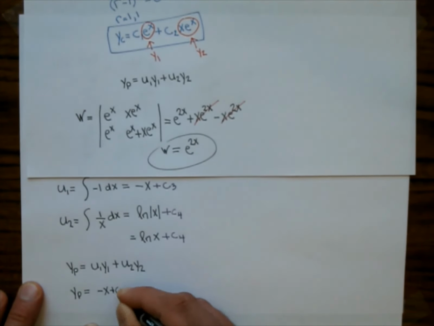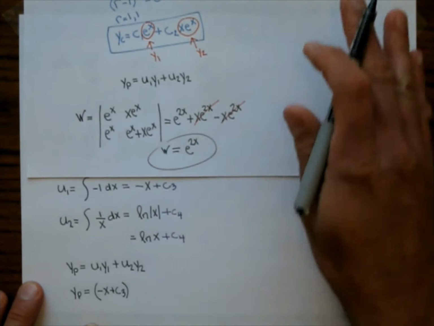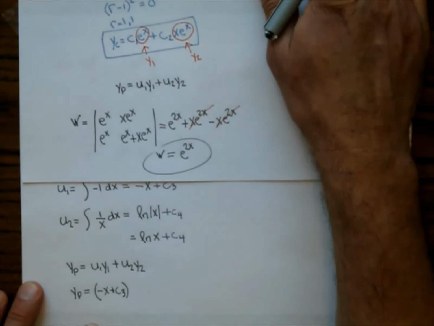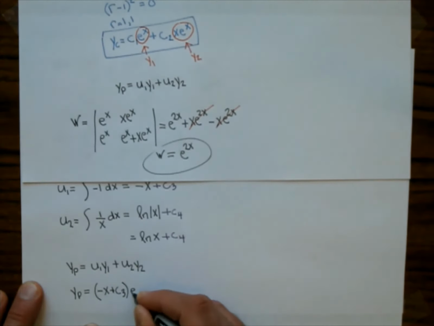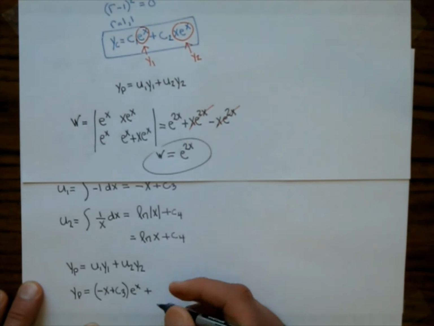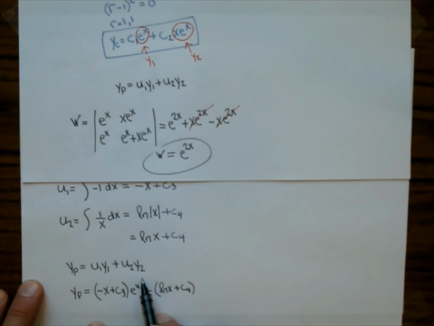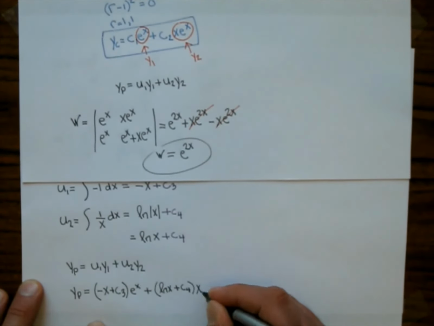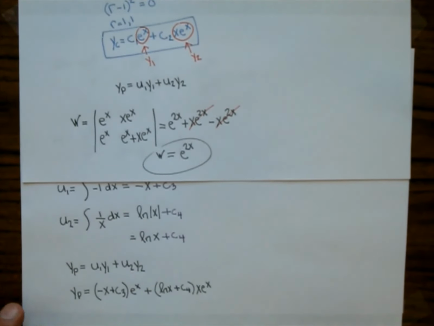I'm just going to remember that. We'll have to show you that those will go away, times y1. Now, y1, hopefully it's still in the picture there. y1 is e to the x. And then we have u2, so that's going to be plus u2, which is ln x plus C4, times y2, which is x e to the x.